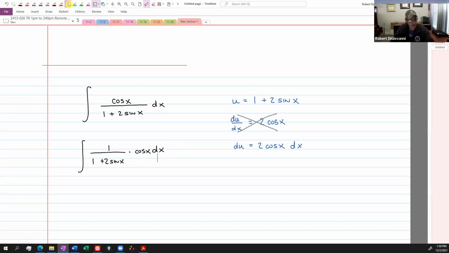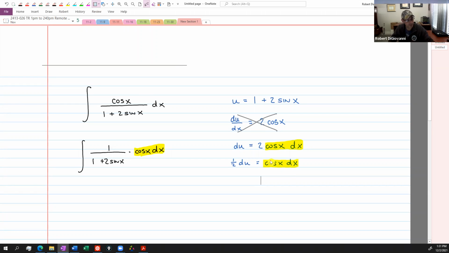Do you see now this cosine x dx is that piece right there exactly? I just don't have the 2, but that's okay because this is an equation. I can multiply both sides by 1/2. And now I do have cosine x dx by itself.